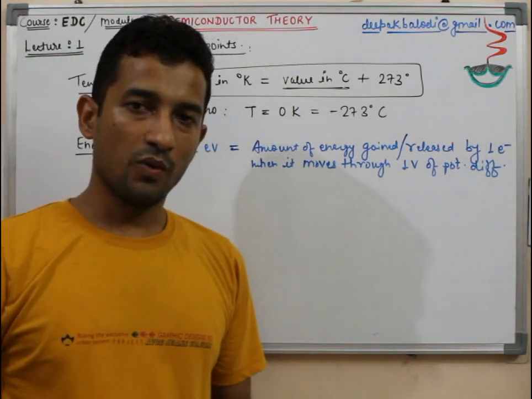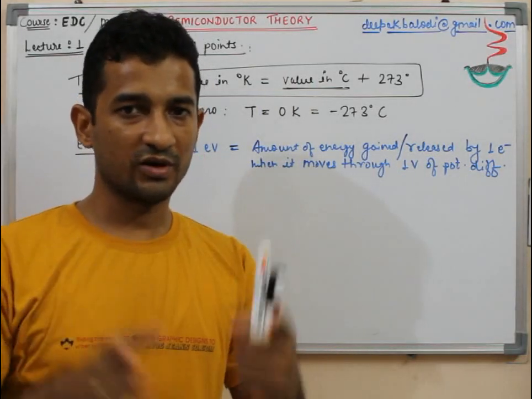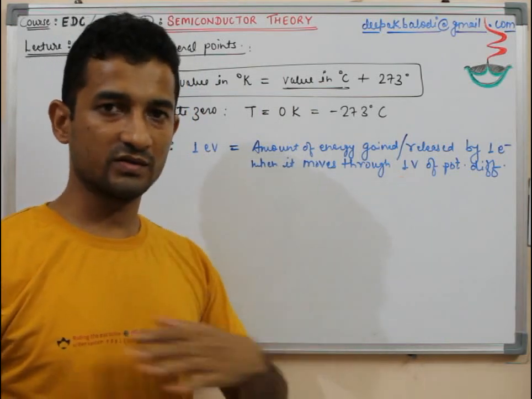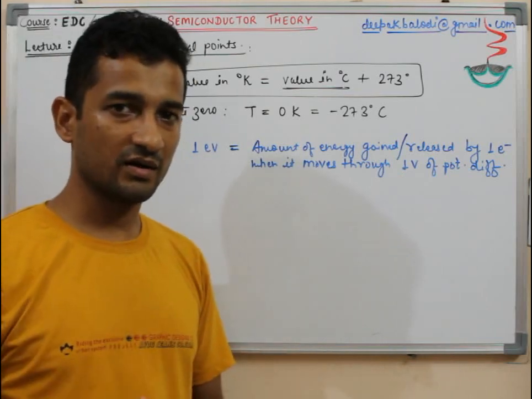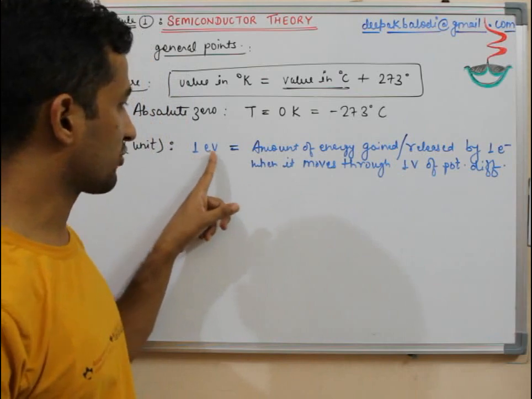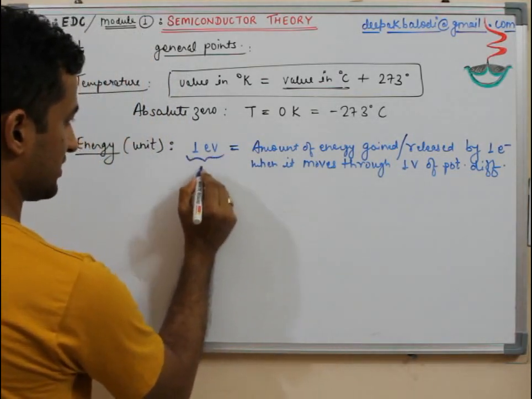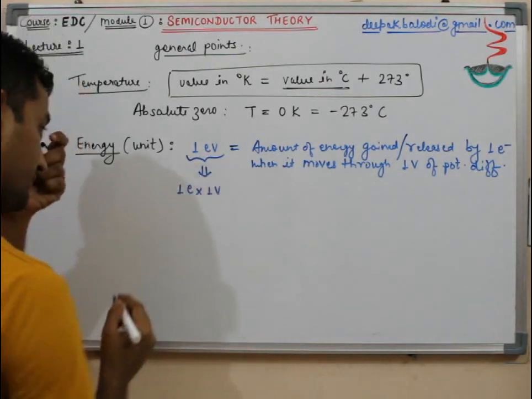So when one electron is moved within 1 volt of potential difference, it gains or it releases, depending on whether this 1 volt is high to low or low to high. So the difference in energy which it gains or releases is 1 electron volt. So from this it is very clear that this is basically 1 electron into 1 volt.